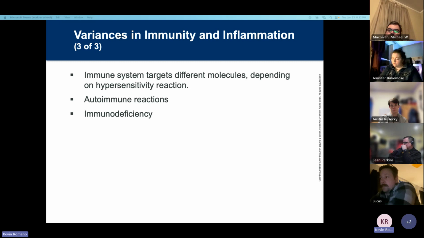Other nutritional deficiencies may depress bone marrow function and diminish white blood cell development. So if we're not developing white blood cells, we can't fight off infection. This can be caused by trauma, or treatment induced, which would be your immunodeficiency caused by medications like chemotherapy. Replacement therapy is also available for immunodeficient patients.